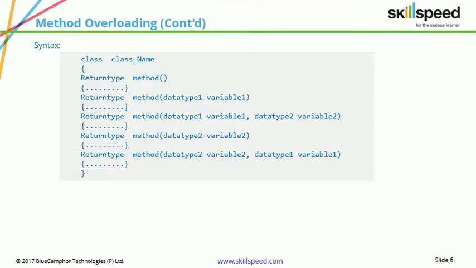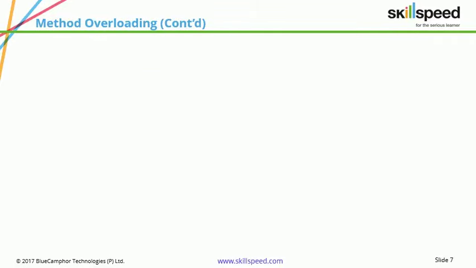This list can go on to endless contexts. Observe that all the times that we defined the method name, it has remained the same, but the parameter part has been different. Sometimes there was no parameter, sometimes one parameter, sometimes two parameters. Even if you have the same number of parameters, the types of parameters must be different.